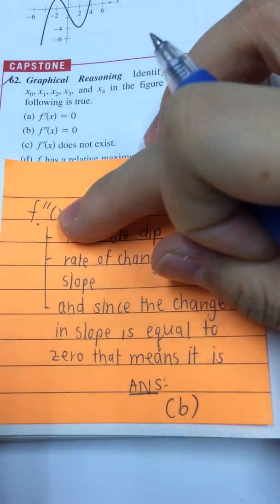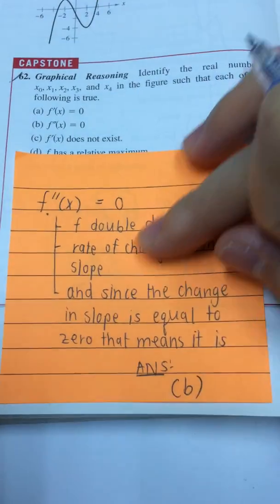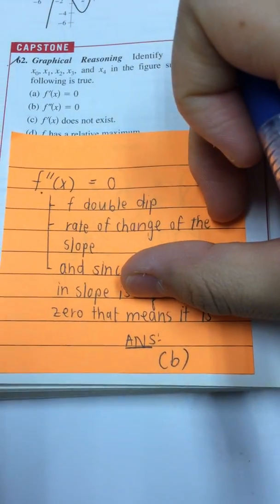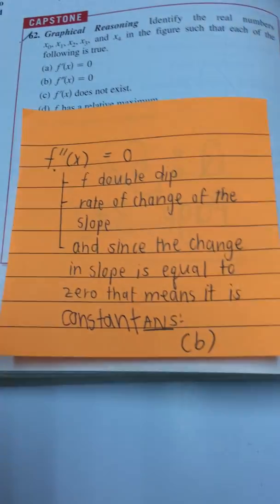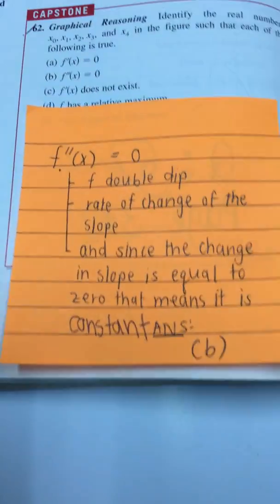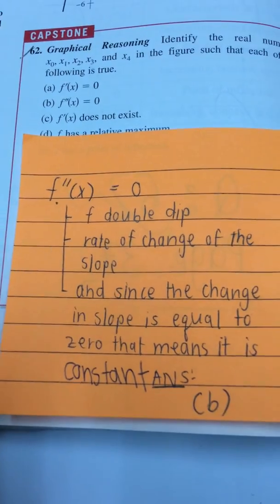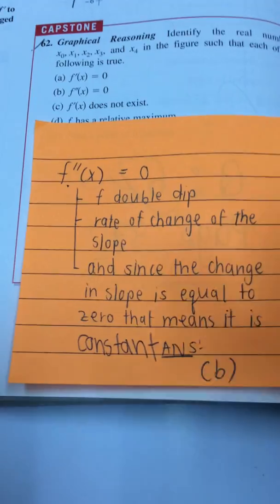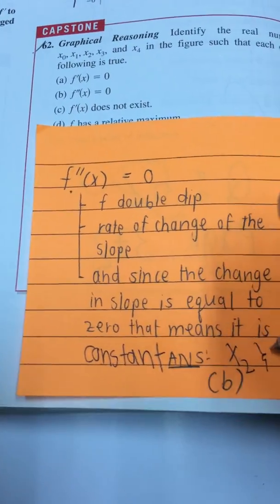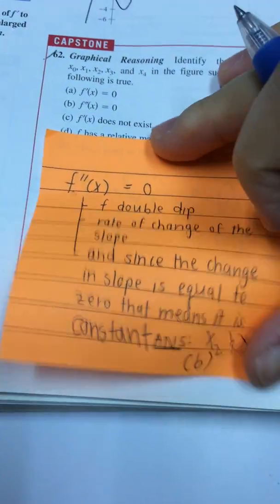So when the rate of change of the slope equals 0, that means that the slope is constant, right? When the change equals 0, that means it's constant. And so the points where it is constant are at x2 and at the point x3, as we can see from this following graph, x2 and x3.